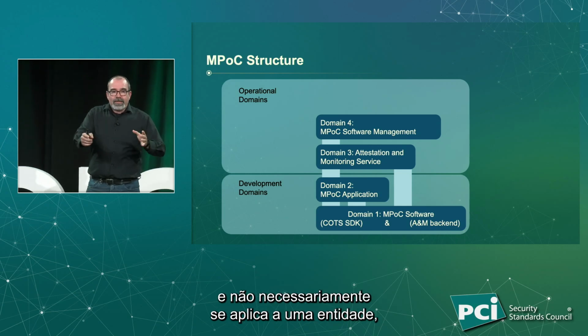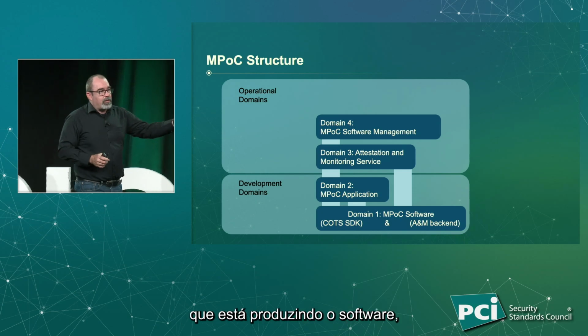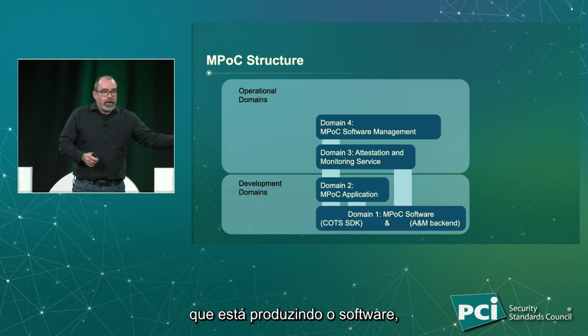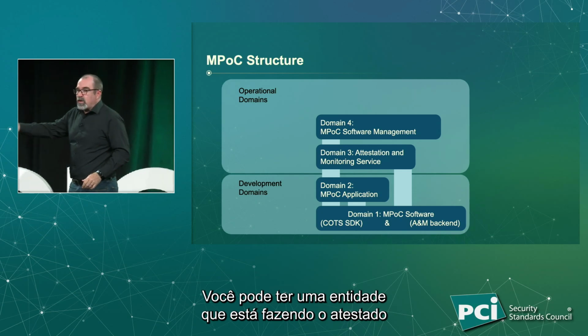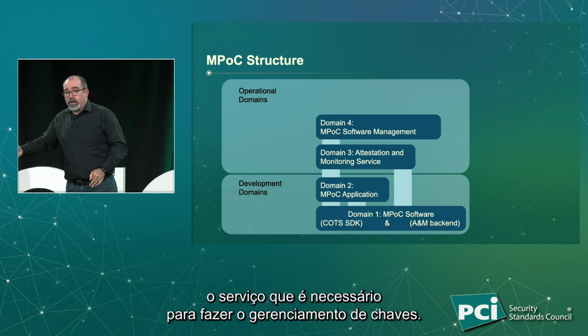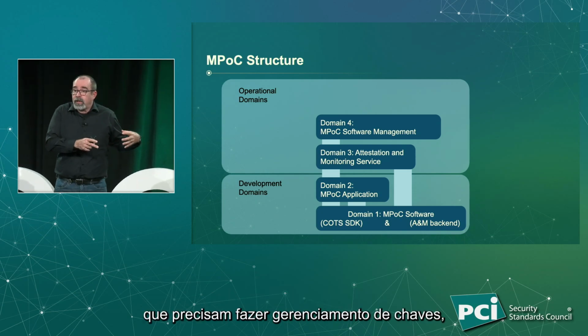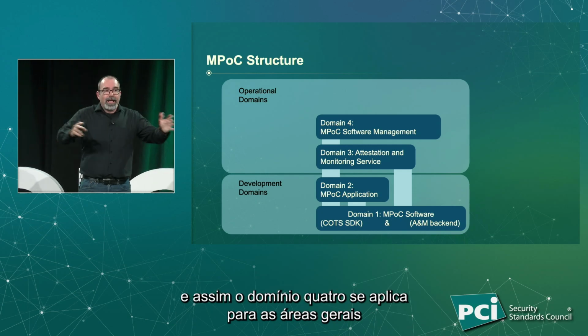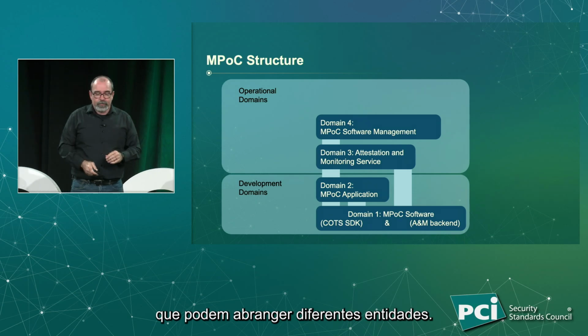It doesn't necessarily apply to one entity, because you might have an entity that's producing the software that needs to do key management. You might have an entity that's doing the attestation and monitoring environment, the service that needs to do key management. You might have aspects of the MPOC solution that need to do key management. So Domain 4 applies to the general areas that might cover different entities.